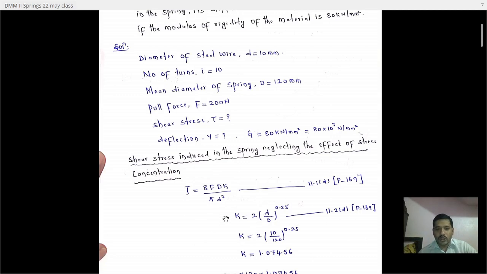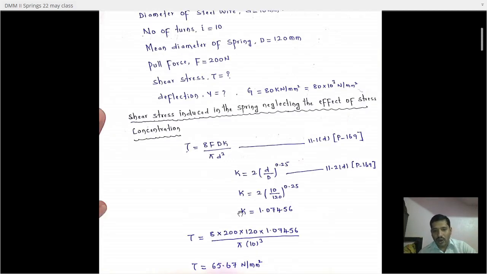So first of all we need to find the value of K. Here C value is not given, and if C value is not given, we can't solve with the help of Wahl's factor. Is it right?